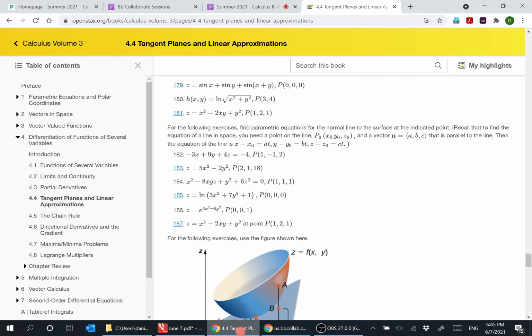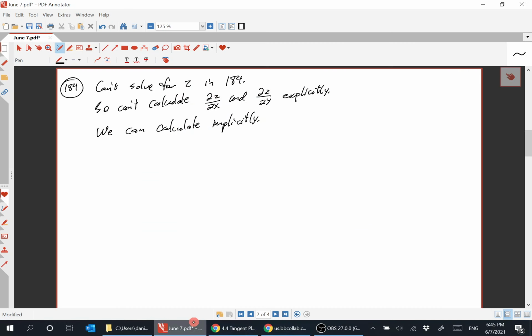Right, so the equation for the surface, x squared minus 8xyz plus y squared plus 6z squared, and then the tangent plane plus the normal line at x, y, z equal to 1, 1, 1.